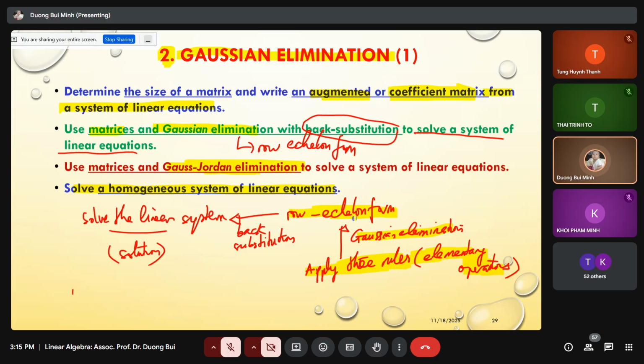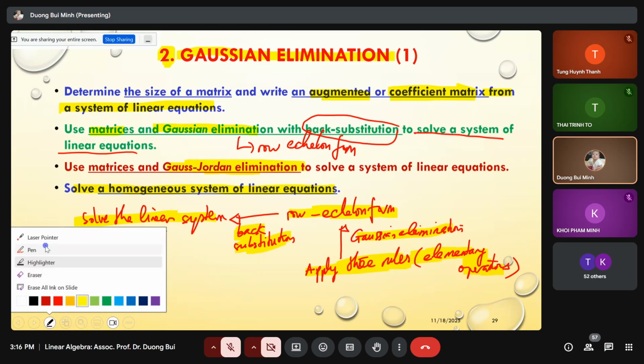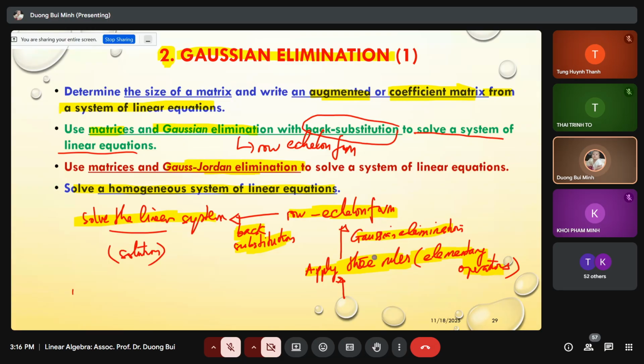When we get the row echelon form, you can get the solution, and the process we perform is back substitution. But first of all, when we apply the 3 rules, we should have the augmented matrix or the coefficient matrix.